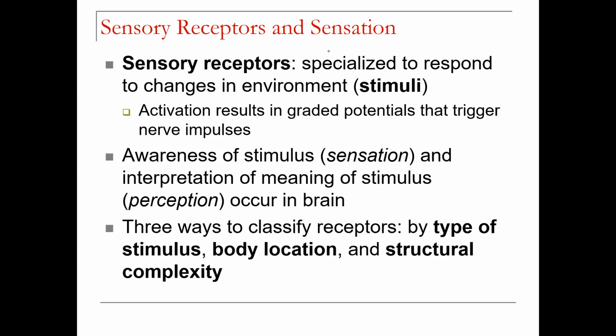So we have the stimulus, we have sensation, and we have perception. We have to be able to interpret the stimulus. And if any one of those breaks down, then we have nothing. We don't perceive anything. So awareness of the stimulus is sensation. Interpretation of the stimulus is perception. It's the understanding of what the stimulus is.